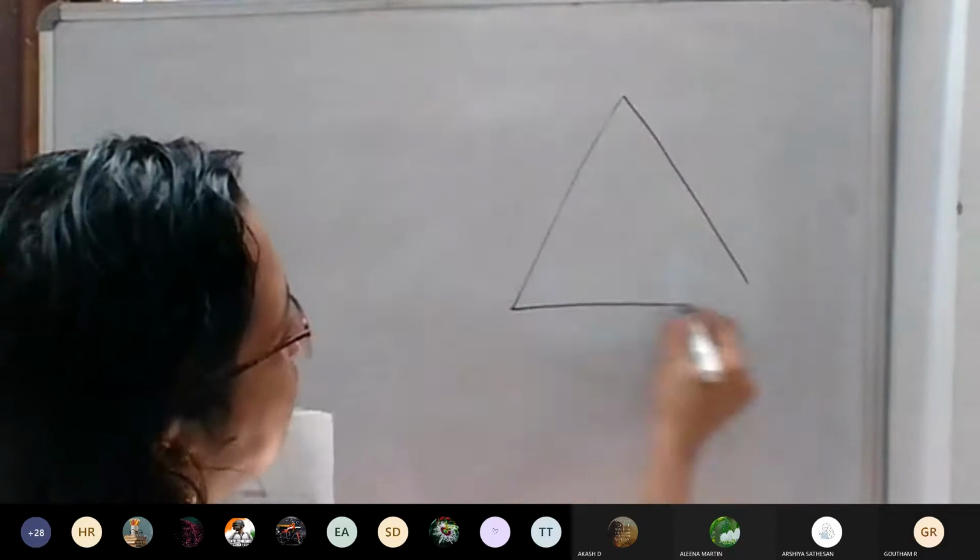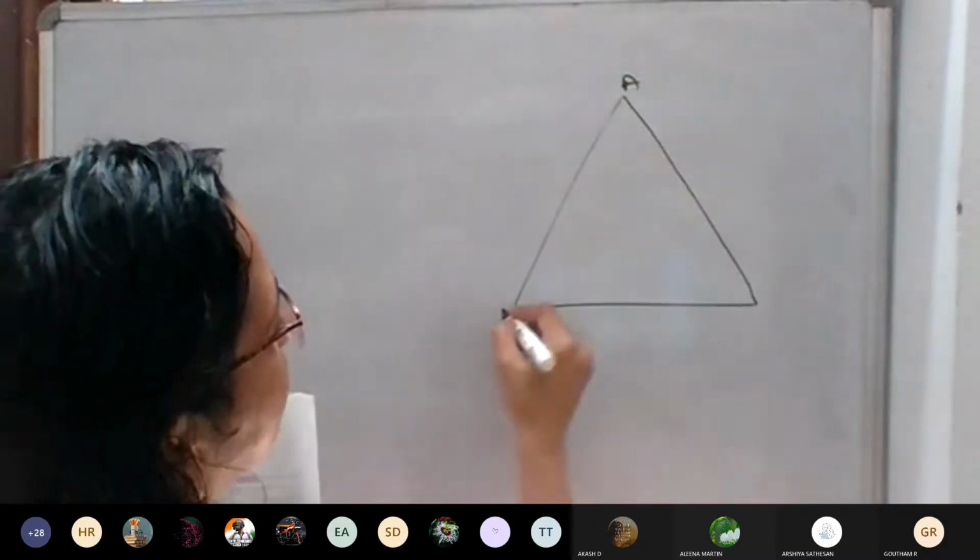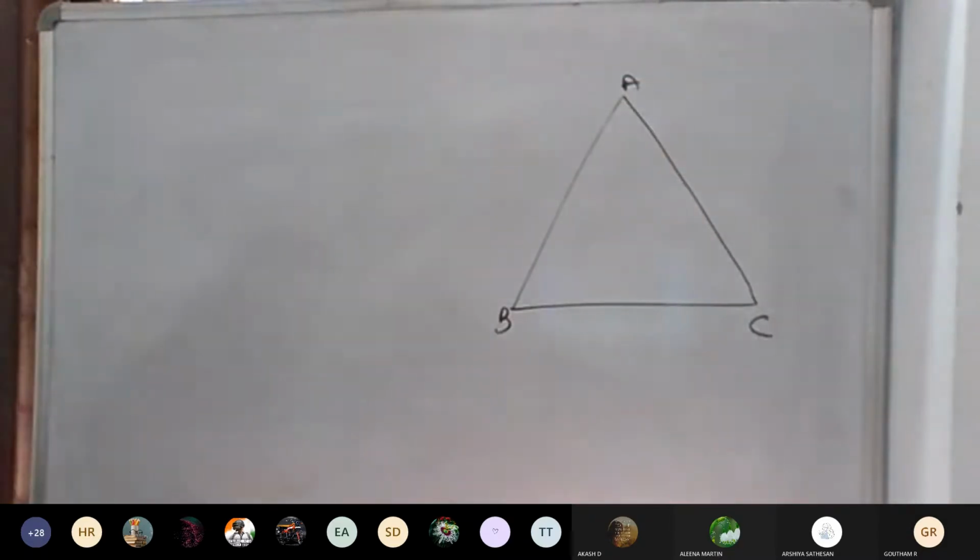Next was number 6. The perpendicular bisectors of the sides of a triangle ABC meet at I. Prove that IA is equal to IB is equal to IC. So draw the triangle ABC. Write today's date. Don't forget to write that.